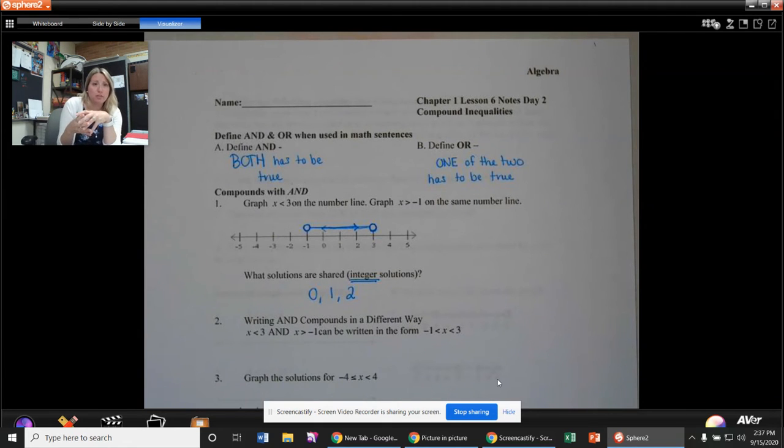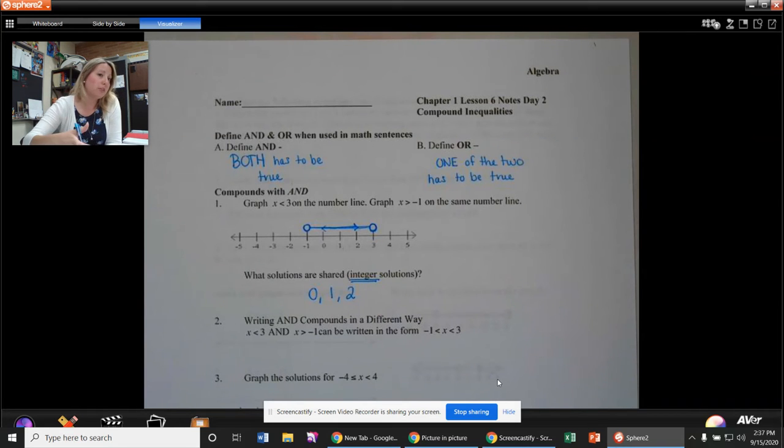Now, "and" inequalities, because both situations have to be true, they have that between line. So that line that's between the two values that we're dealing with, right? So I like to call these betweeny inequalities. These are always written the same way because left to right is less to greater.